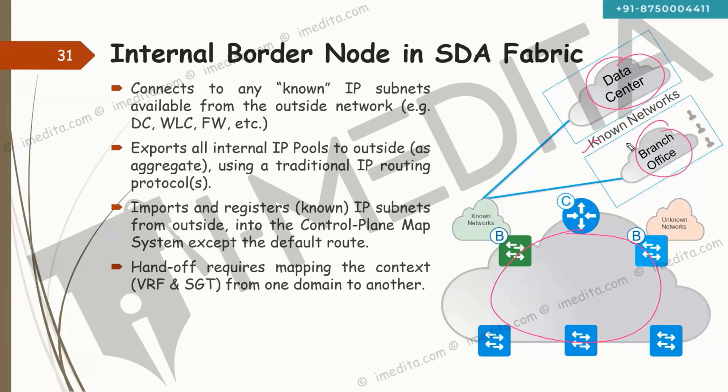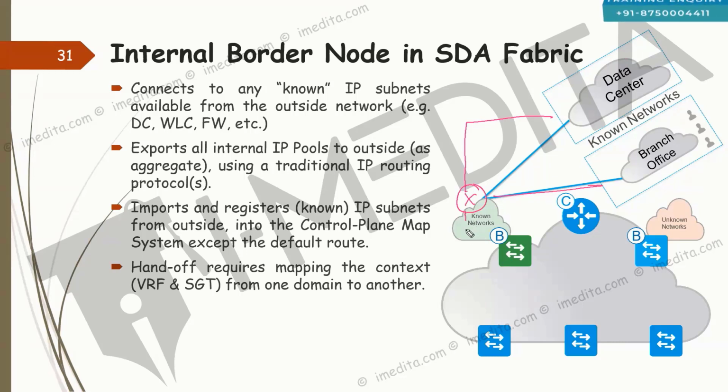What will happen is that the data center and the branch offices are going to announce all of their prefixes onto a router. This router is going to connect to this border node and perform the handoff of these prefixes into the SDA. Let's say subnets A, B, C, X, Y, and Z.